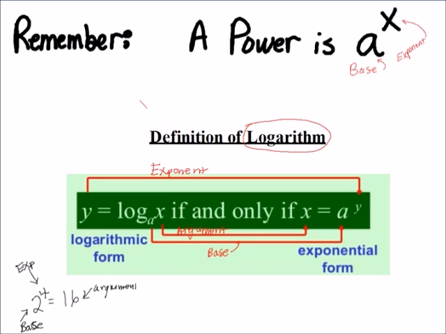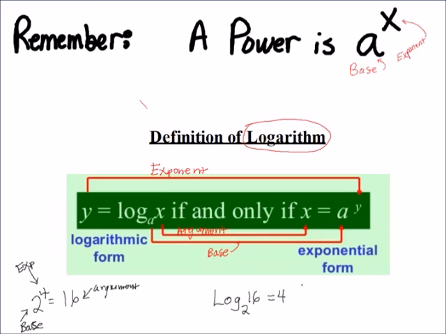So if you look at this definition of logarithms, you switch things around. So the base is going to stay the same. So this is going to be log. Then your base is going to be 2. So your base down here becomes a 2. The 16 goes on the inside of your log, and then the exponent goes on the outside.